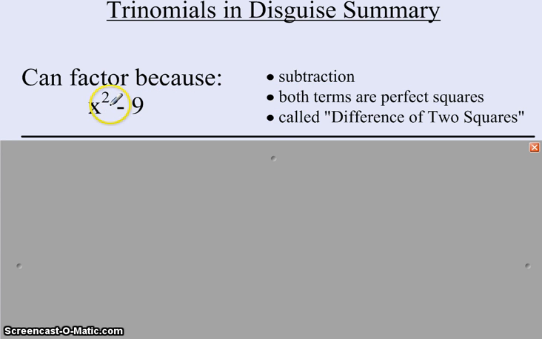The square root of 9 is 3, and the square root of x squared is x. So both are perfect squares, and it's a minus. We call this the difference of two squares, sometimes called DOTS, an acronym. Difference meaning subtraction. So x squared minus 9 we could factor.